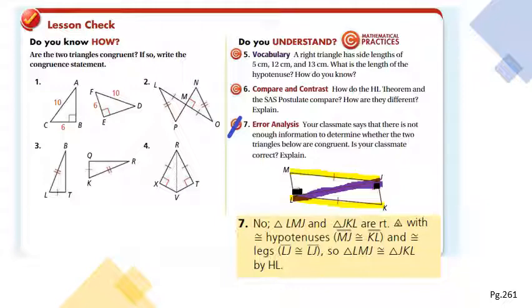So we can prove that the two triangles are congruent. Why? Because we have three conditions. The first one, a pair of right angles. The second one is a pair of congruent legs. And the third one, the one we found, one pair of congruent hypotenuse.